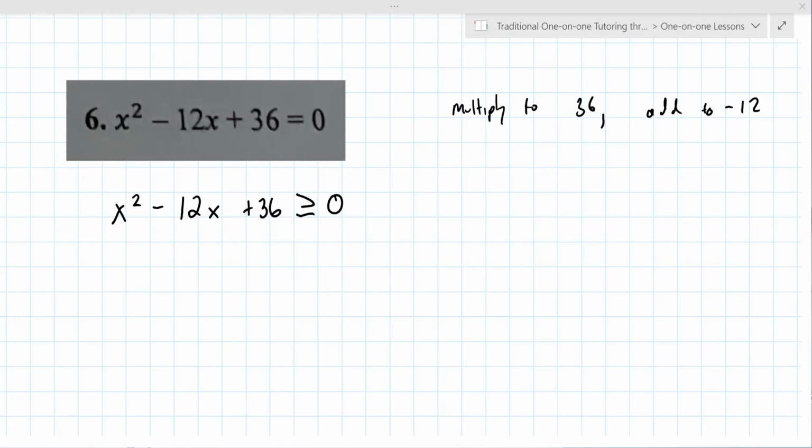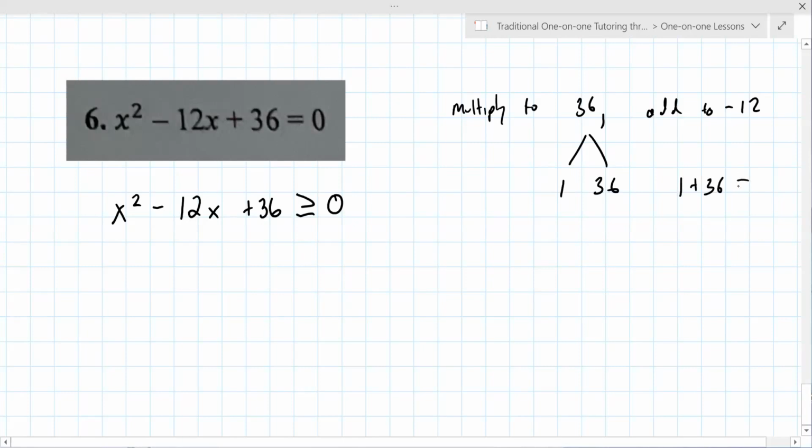Okay, x plus 1 and x plus 36. 1 plus 36 is not -12, so that's no good. They actually have to both be negative because you need a negative number over here.